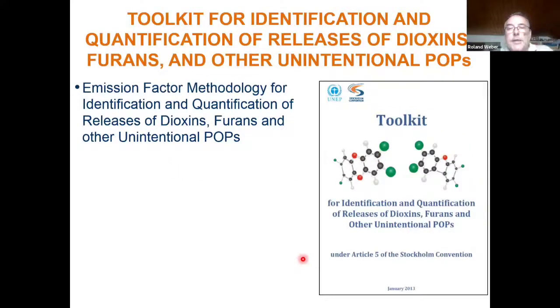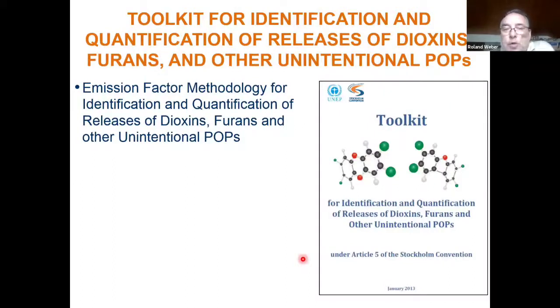So over the years, UNEP has developed a toolkit with emission factor methodology for identification and quantification of releases of dioxins and furans, and also some of the other UPOPs. This is very important because most developing countries and also many other countries do not have really measurements of their dioxin releases from facilities.